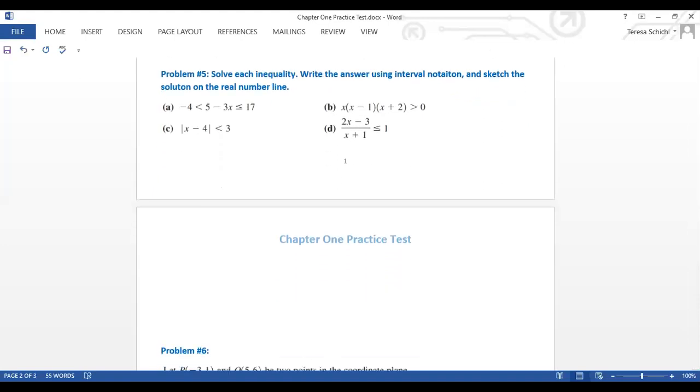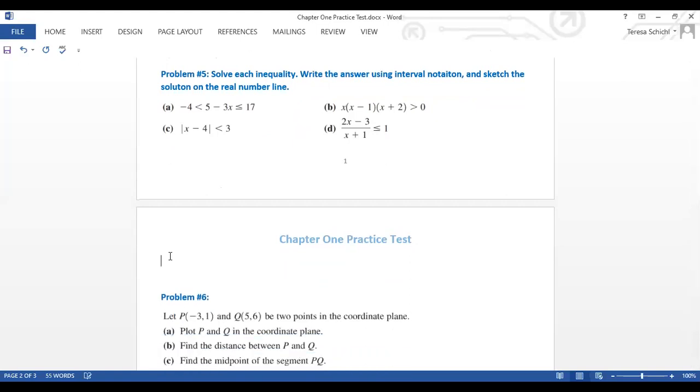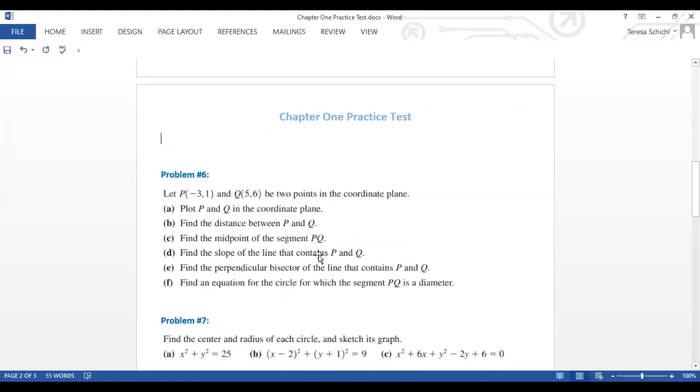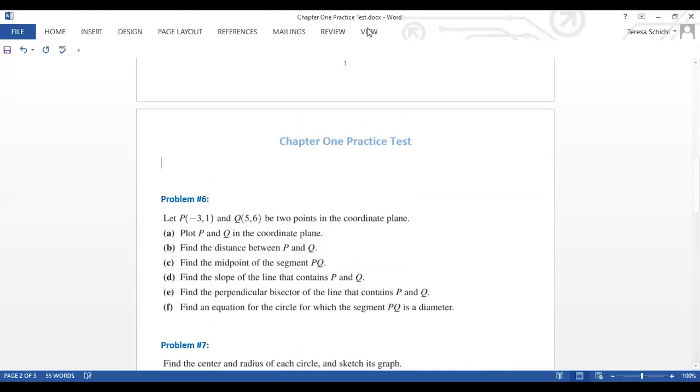We want to solve each inequality and write the solution intervals on the real number lines here. Then we have problems 5, 6, and 7. Okay, so let's go to our whiteboard and start to solve it.